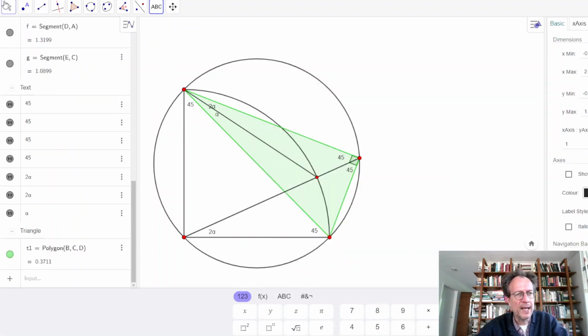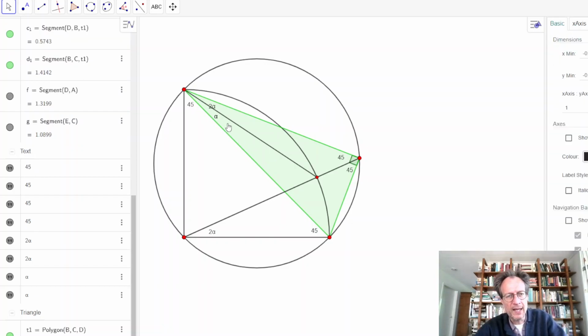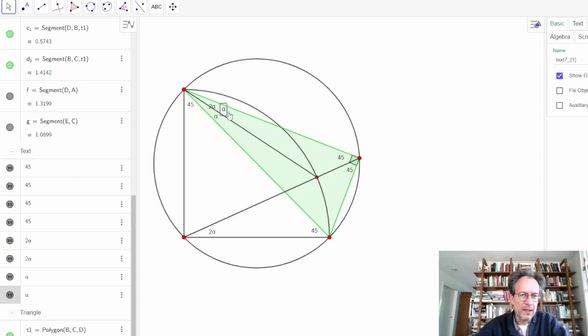That's that angle. But we have previously established that the total is 2 alpha, so therefore we know that again this angle is also alpha, and therefore the angles are the same.